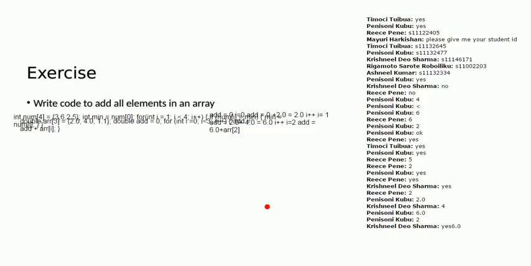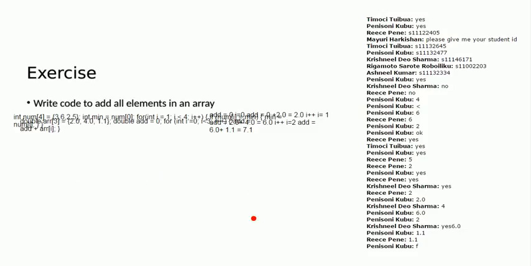So what's at array index 2? 1.1. So 1.1 goes here, and our value becomes 7.1. Do i plus plus once again. i becomes 3. Is 3 less than 3? False. So we don't do anything. Our final value for add is 7.1.